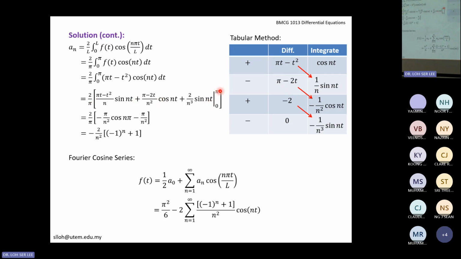Then substitute pi and 0 into the function, and you will get your An. If you know how to get the full range Fourier series, this shouldn't be a problem because the steps are the same. It's just that the formula is slightly different. Then you just substitute your a naught and An into the Fourier cosine series formula to get the final answer.